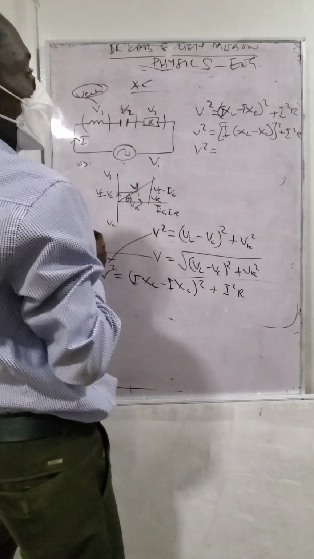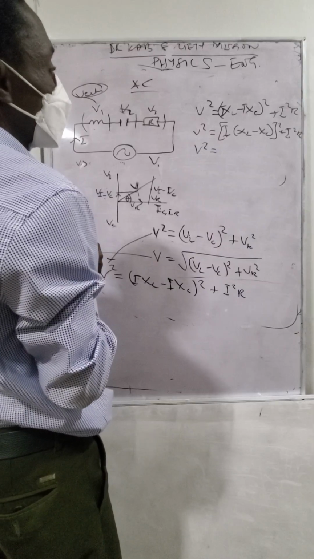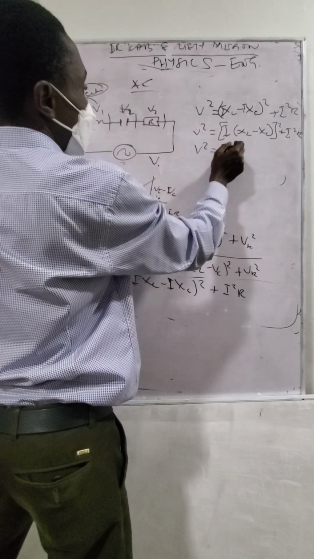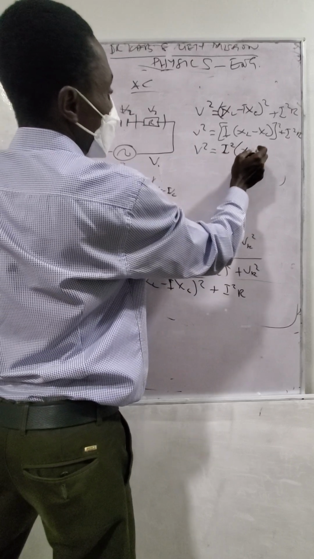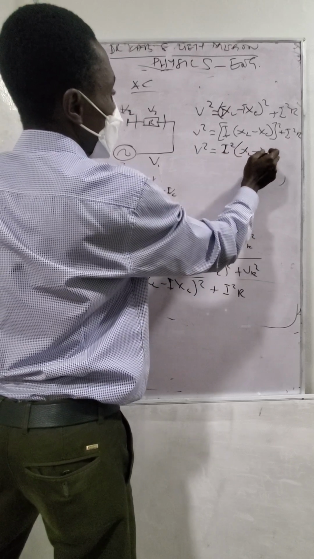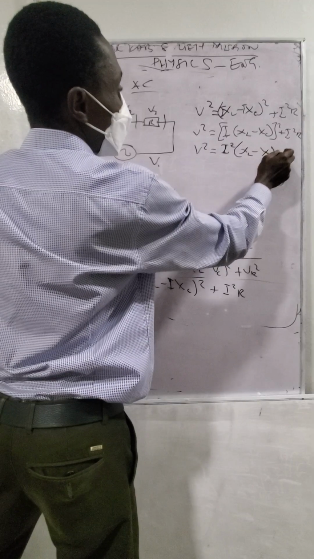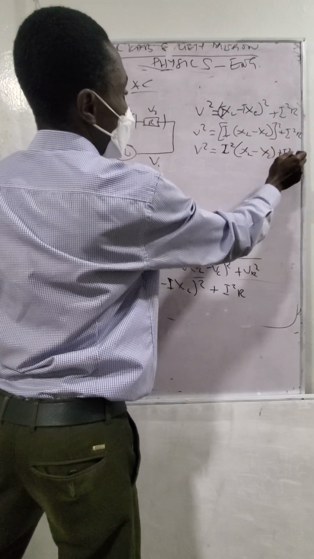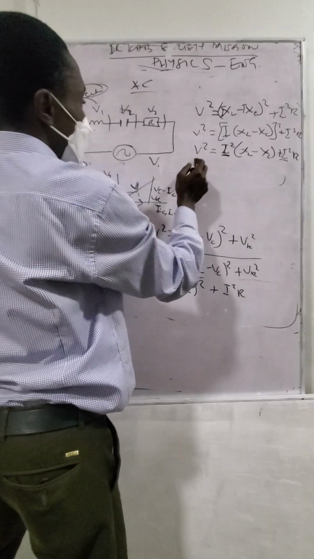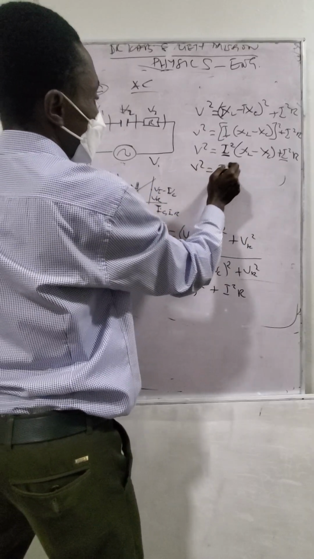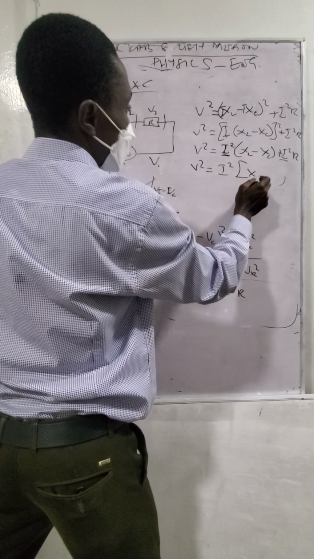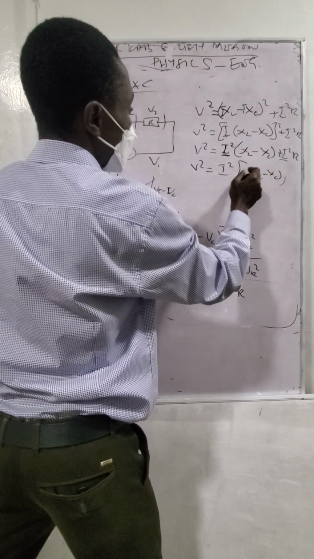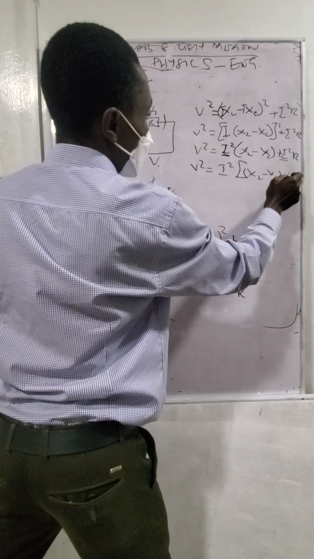I squared comes out, so it will be I squared times (X_L minus X_C) squared plus I squared R. This is the same, so that comes out. So V squared is equal to I squared into the bracket (X_L minus X_C) squared plus R squared.